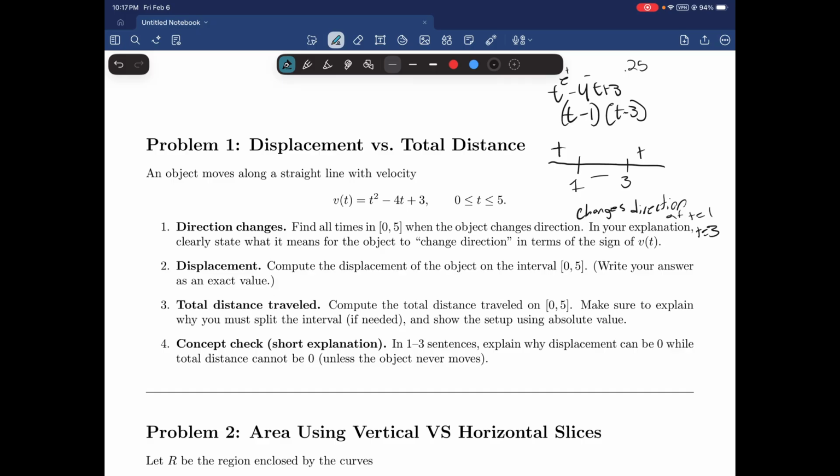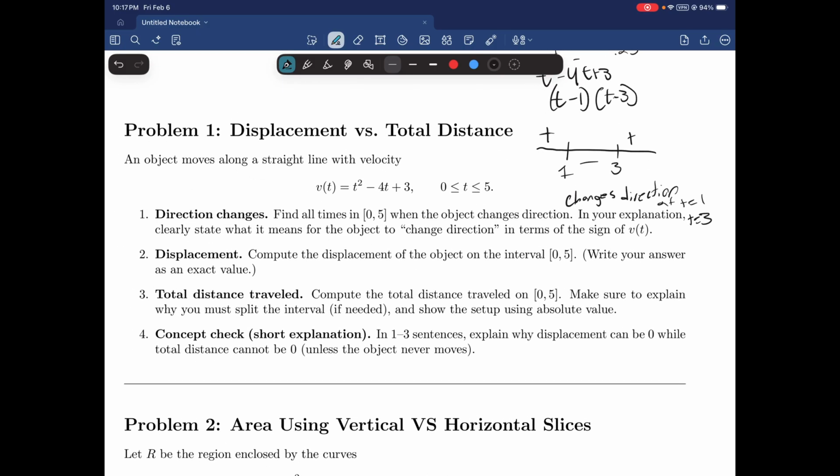And now, displacement: compute the displacement of the object on the interval 0 to 5.